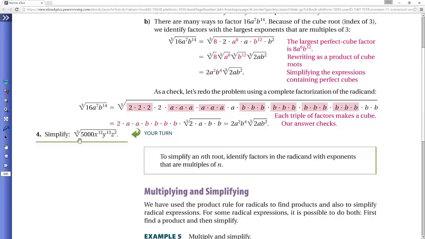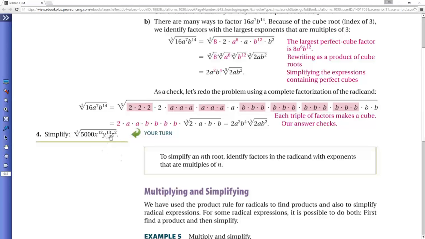So they give us this one with 5,000. I would definitely just prime factor 5,000. This one works. X to the 12th is a perfect cube because 12 is a multiple of 3. If I take 1/3 of 12, I get x to the 4th, right? And so on: x to the 12th to the 1/3 power, where powers you multiply.